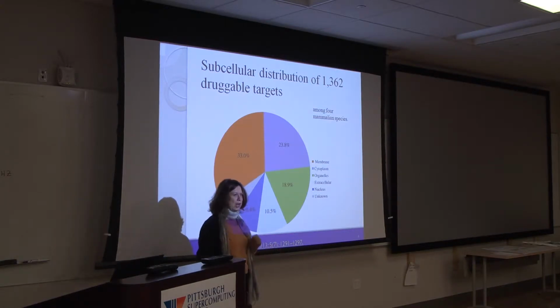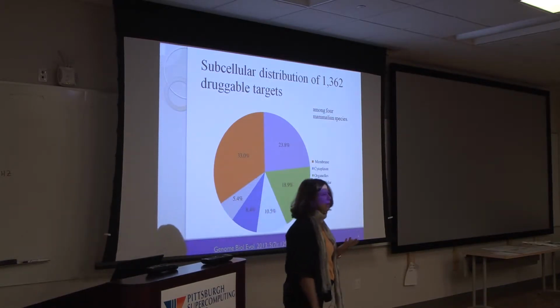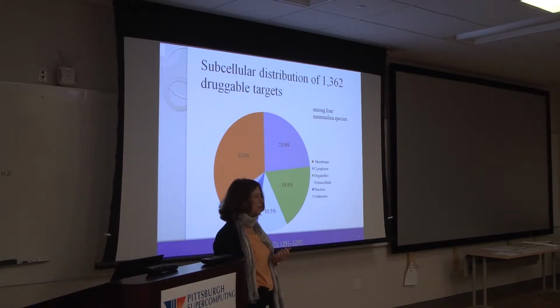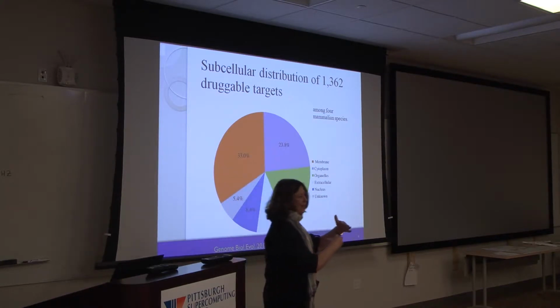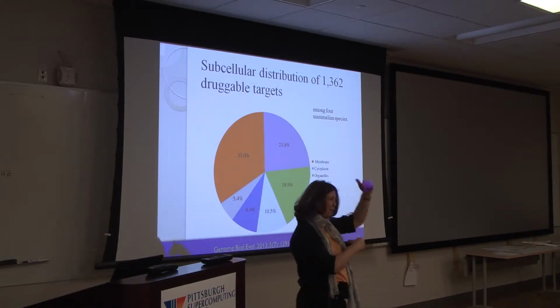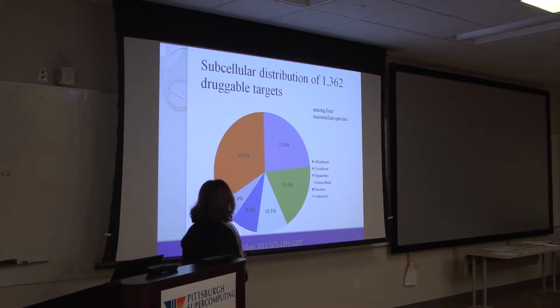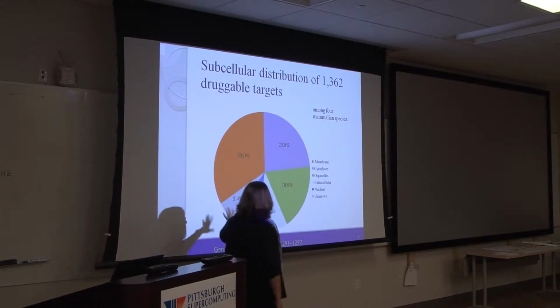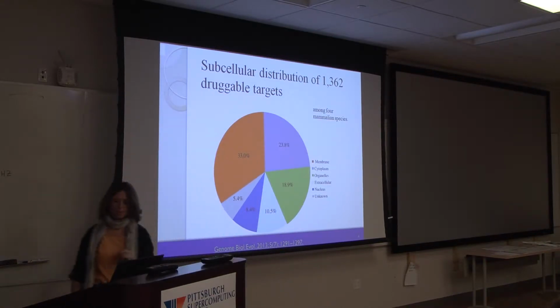Obviously, a large fraction of them are membrane proteins, for obvious reasons. Why are membrane proteins better targets? Because they are on the membrane of the cells. They are easily accessible. You don't need to penetrate into the cell, right? But still, we have quite a large fraction of cytoplasmic targets, those in organelles, etc. So this is a distribution.